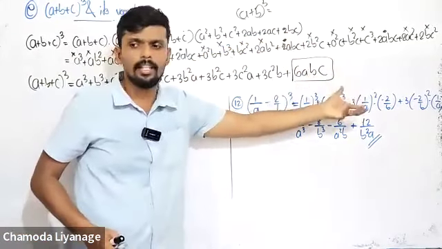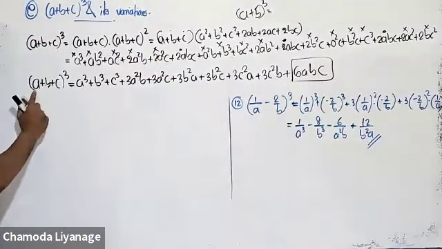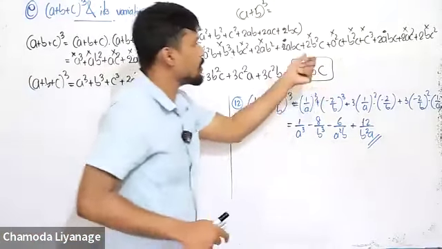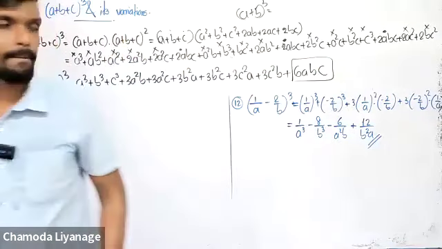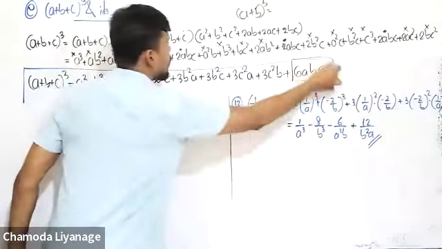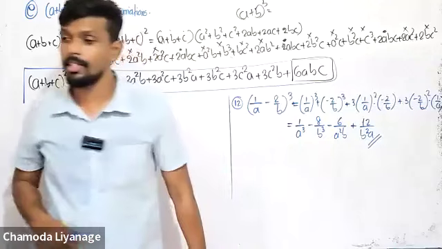And what is abc? abc means the product of the given three terms: first term into second term into third term. 6 times first term into second term into third term. So this is the expansion of a plus b plus c whole cubed. At last, you have to put the 6abc term.